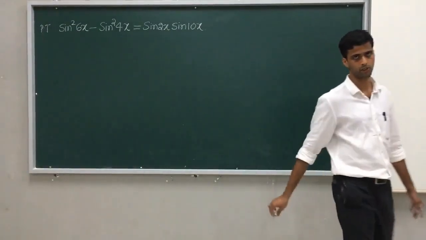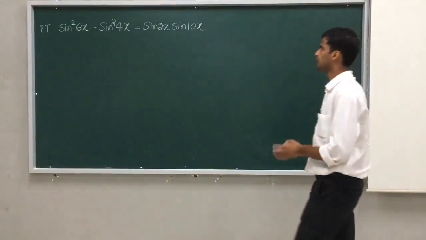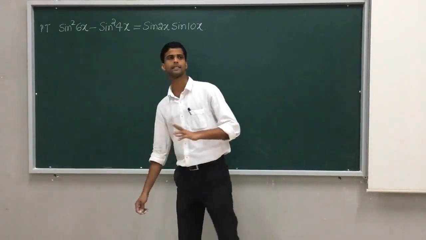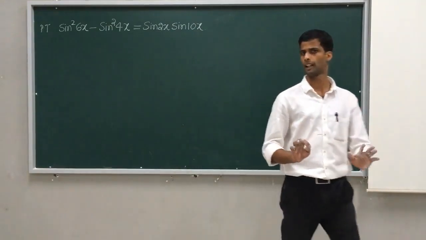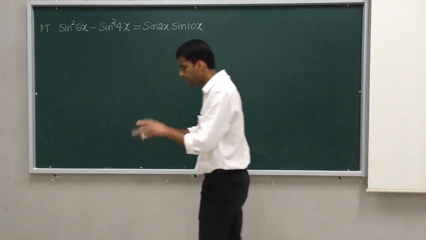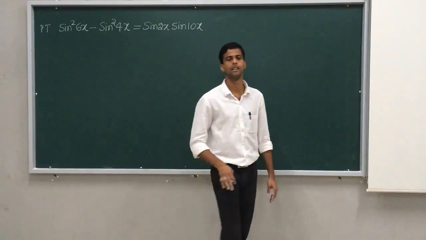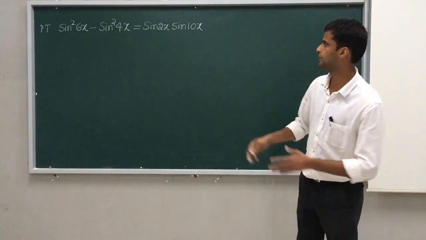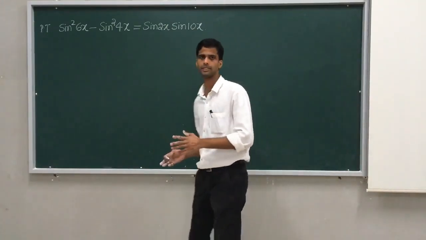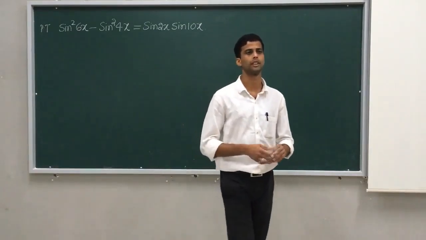How to prove this particular result? Simply, if you use some formula, sometimes you may get the answer, sometimes you will get stuck in between. To avoid such a thing, you need to take utmost care. It's not easy.